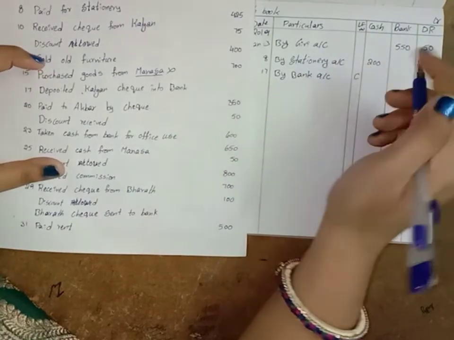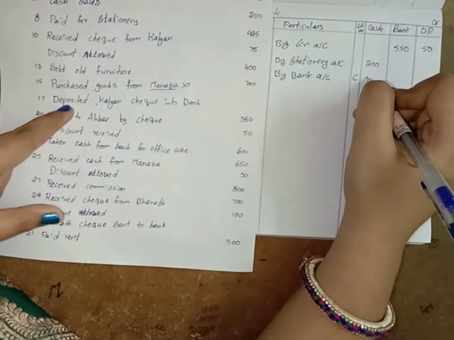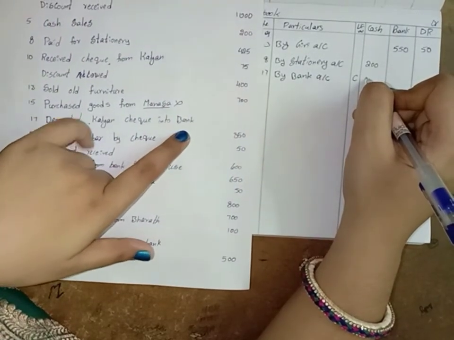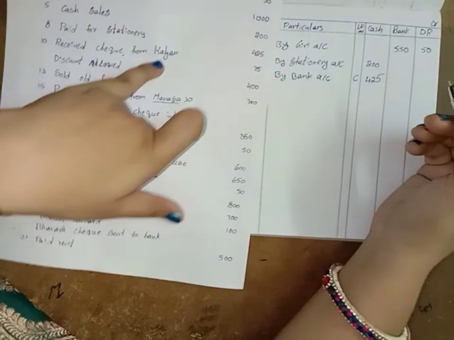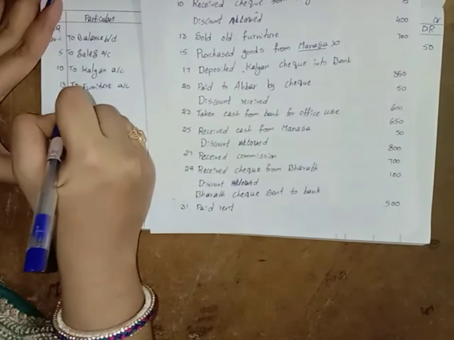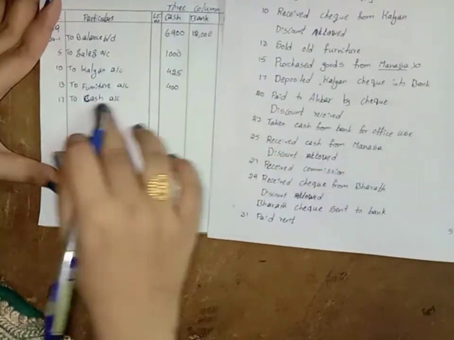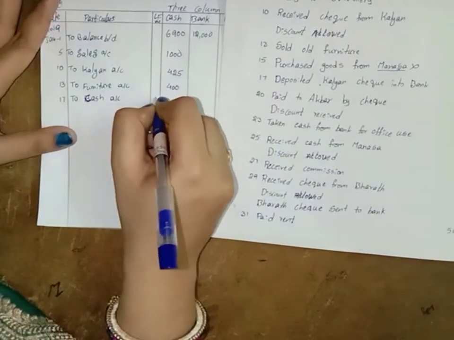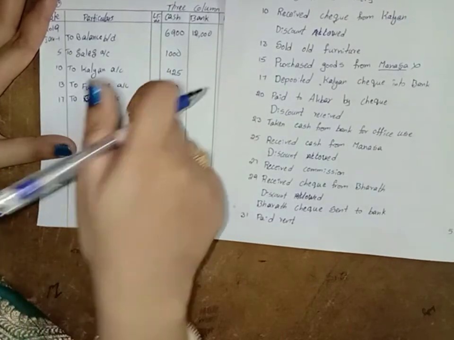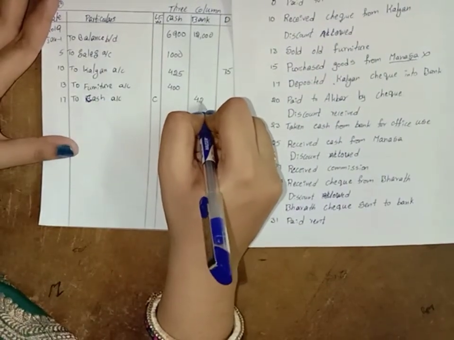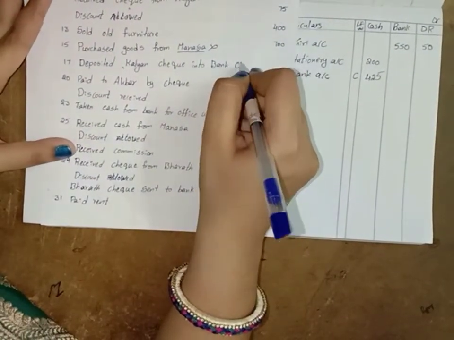So by bank means we have to write the amount in the cash column. So deposited Kalyan's check in bank. So we have to write this amount 425. Right? And here 17th to cash account. That means we have to write to cash account. It is a contra entry. We have to write this amount in the bank column 425. This is a contra entry.